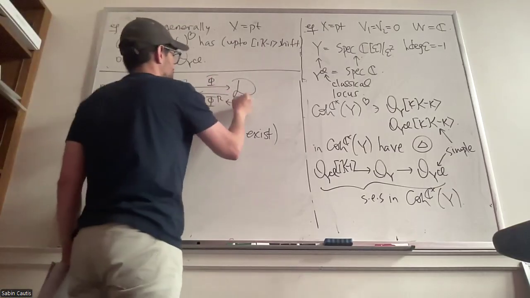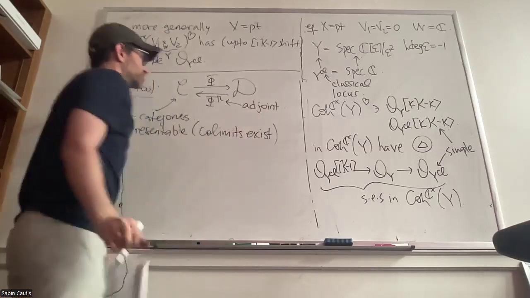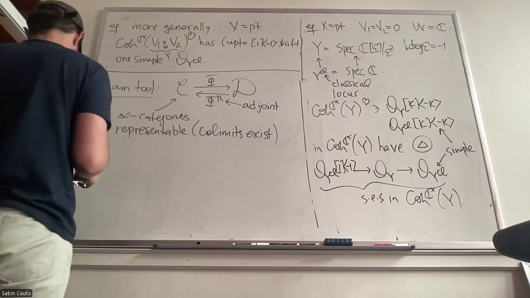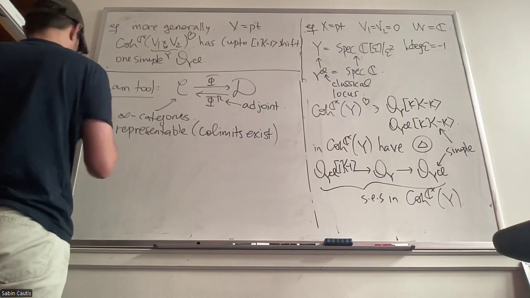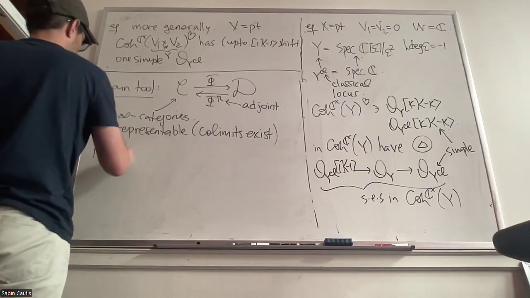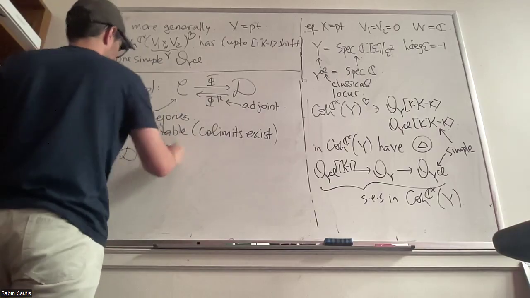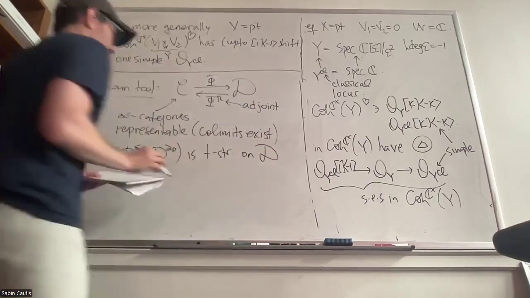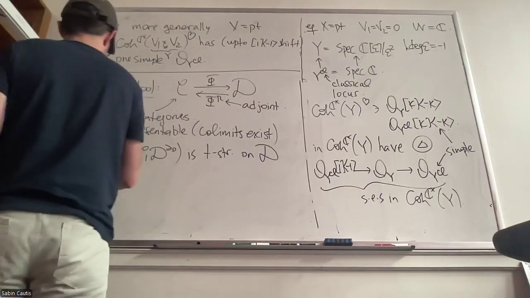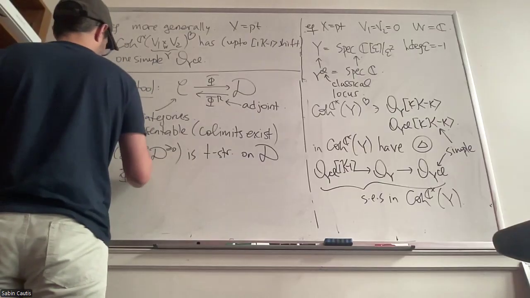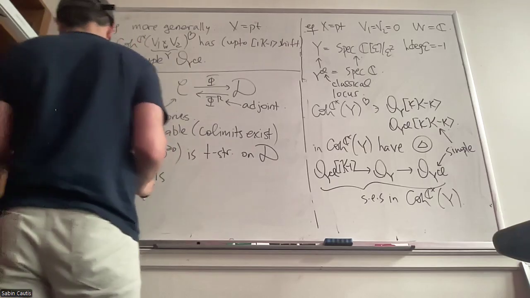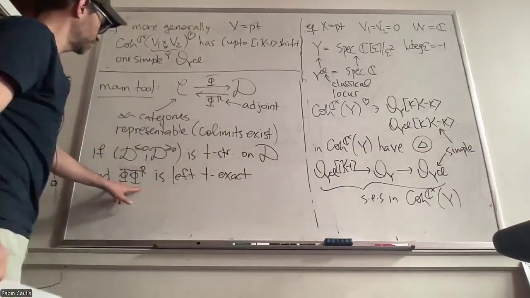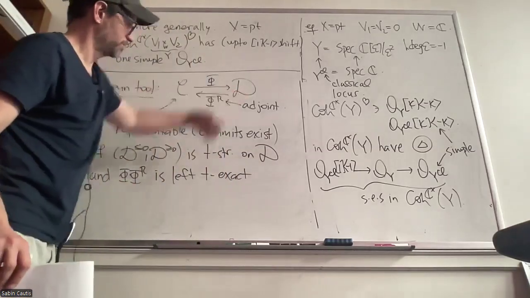This is the right adjoint functor. So the statement is that if you have a T structure on D, and phi r is left T exact for this T structure, so this means if you do this composed with that, well, it's left T exact.